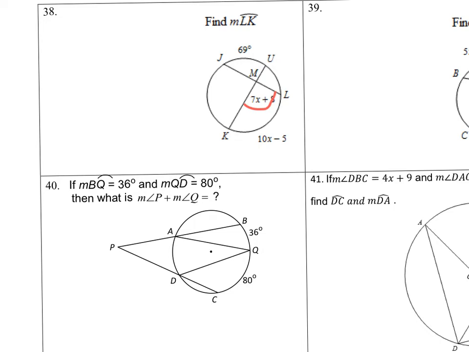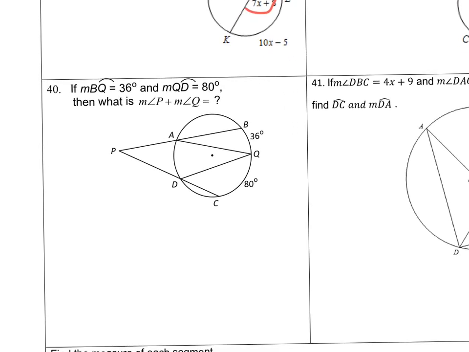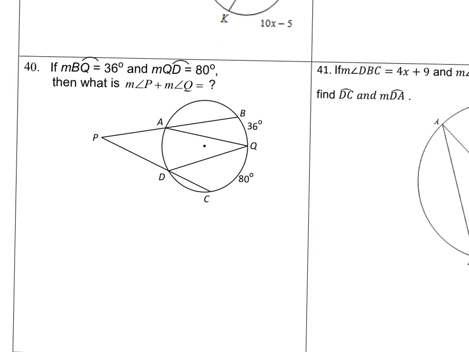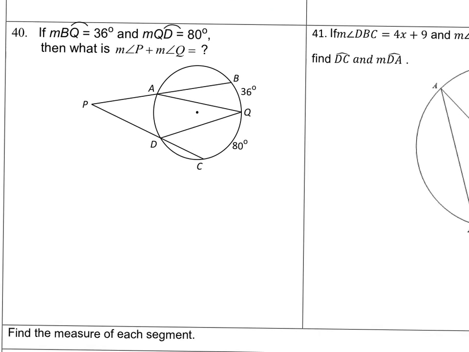What I really want to talk about are the complex ones that you will see on your test, so you have to solve them in multiple ways. Now, 40 is not really a test question, but I wanted to explain it and break it down for you, because you have to do some theorem reasoning.